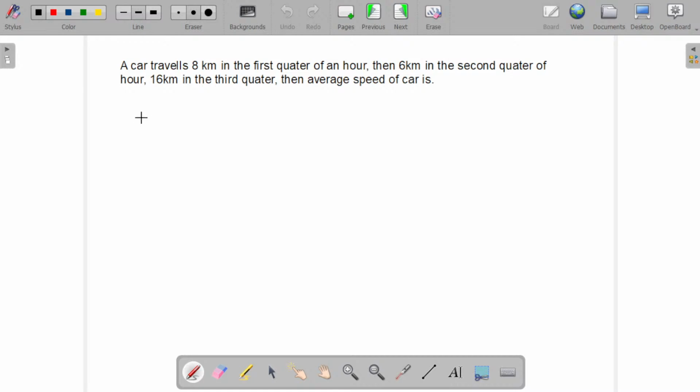Let me first take the given data in the question. So first is distance 1, which is 8 kilometer, then distance 2, which is 6 kilometer, and distance 3, which is 16 kilometer.